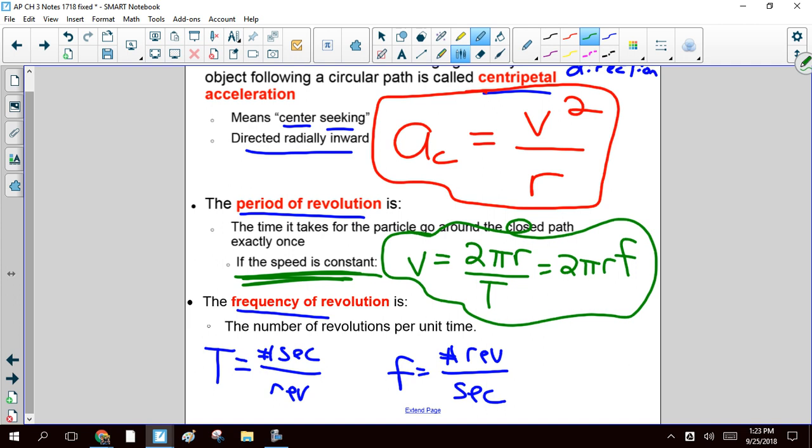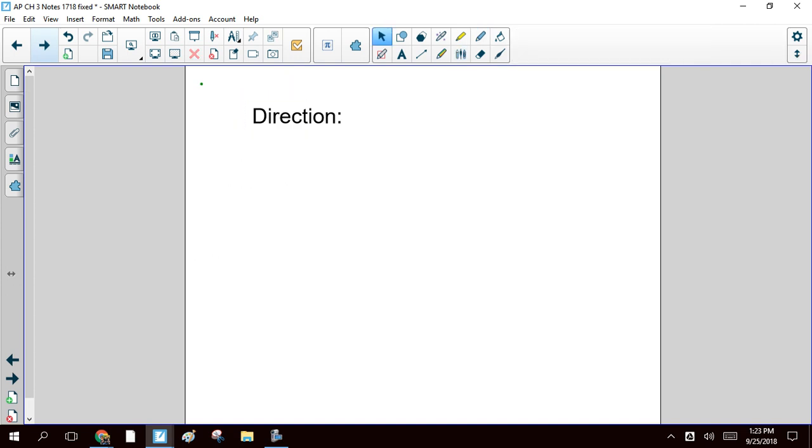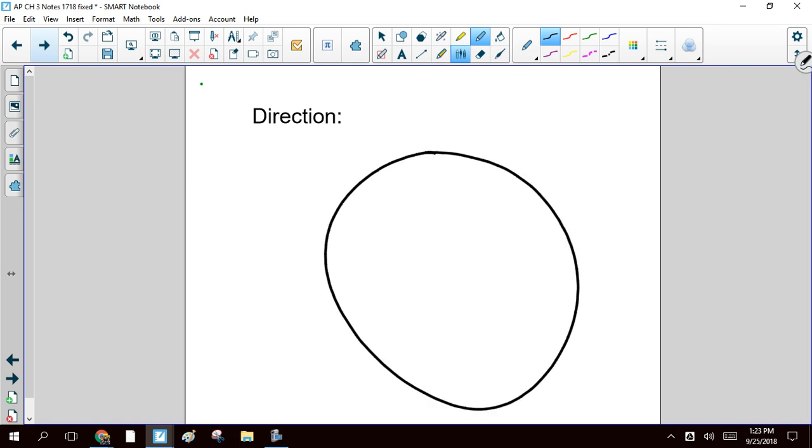So, let's talk now about direction. As you've got an object that's traveling in a circle, there are a number of vectors that we can look at. So here's my object going in a circle. Pretty happy with that circle that I drew? Here's the center of the circle.